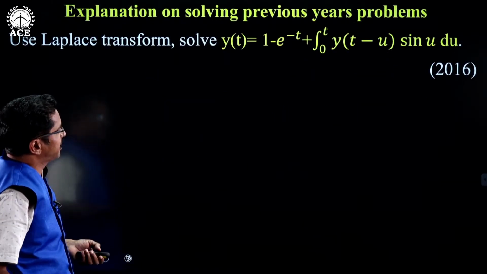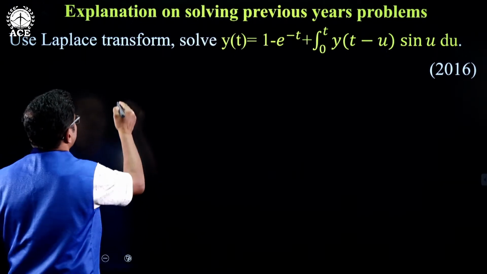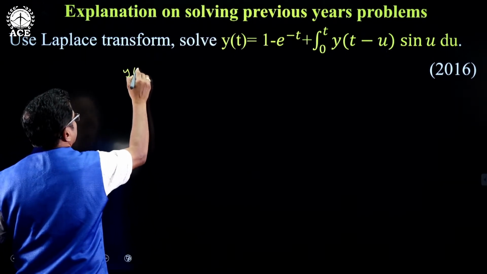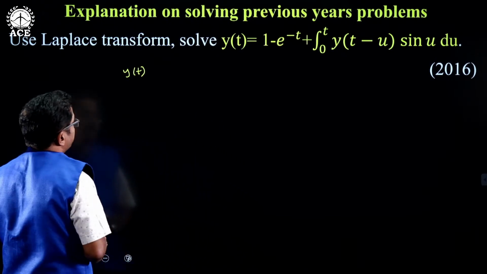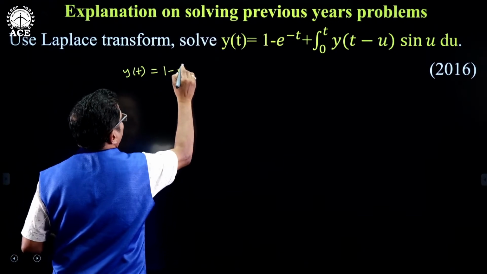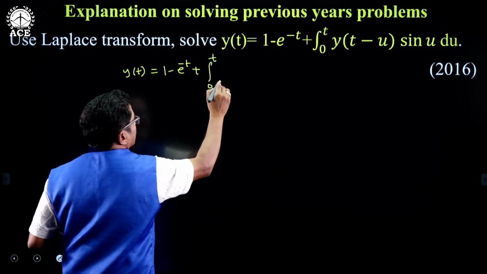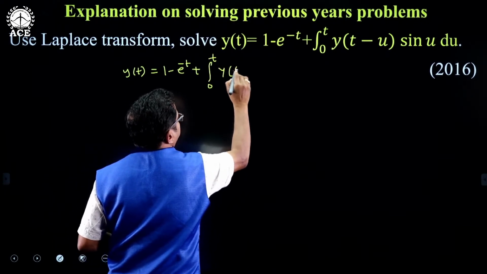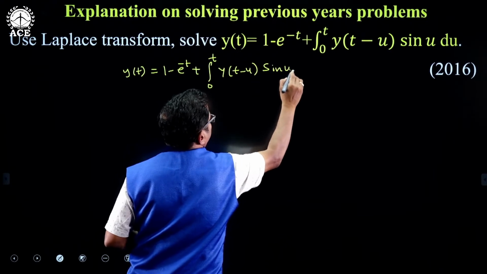Next question, even this also. See, y of t equals to 1 minus e power minus t plus integration 0 to t y of (t minus u) into sin u du.